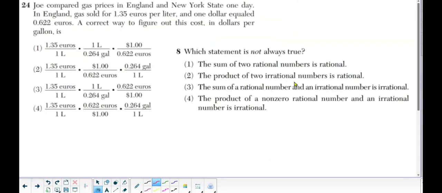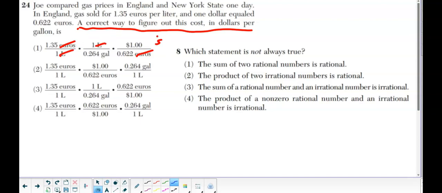All right, questions 24, and then the final one over here, number 8. So let's take a look at 24. They're asking which one is a correct way to figure out this conversion from liters to euros. So remember, in order to convert, you have to have a cancellation of a unit in the numerator with a unit in the denominator.